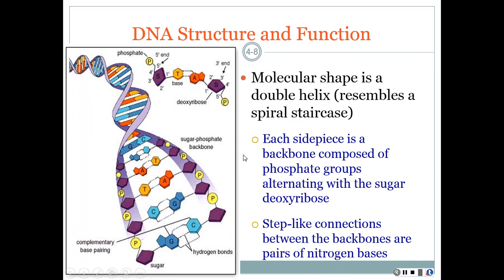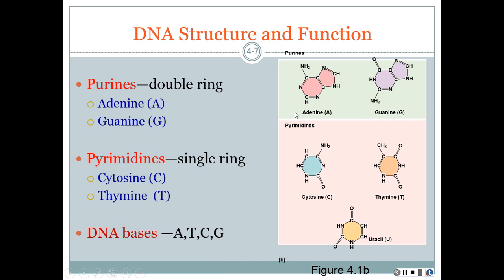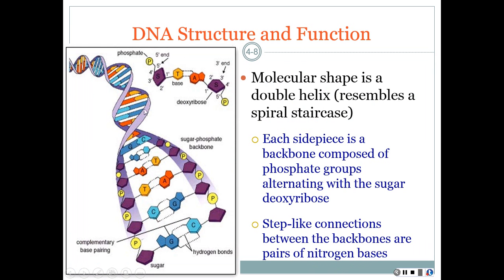So let's see the next slide here. All right, here we have our adenine and our thymine. Yes, they are different types. The adenine is a purine, your thymine is a pyrimidine, but when it comes to the DNA structure and pairing, one purine and one pyrimidine will bond together to form this staircase of the DNA.